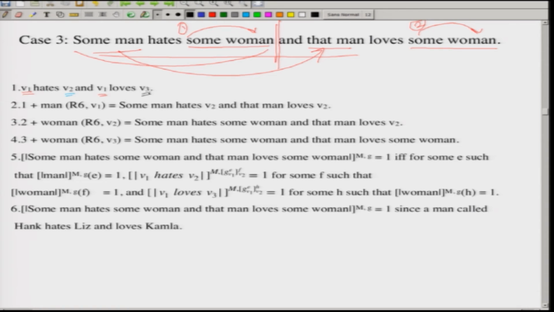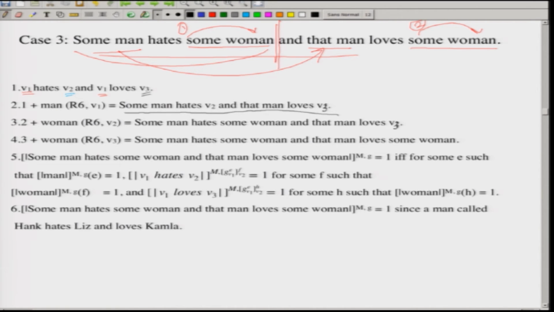So now the derivation. In the first step, we apply R6 to the variable V1 and we get: some man hates V2 and that man loves V3. Correction once again, this is V3 in the original.